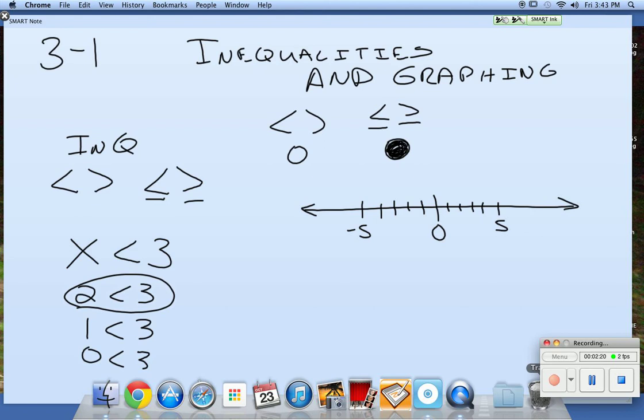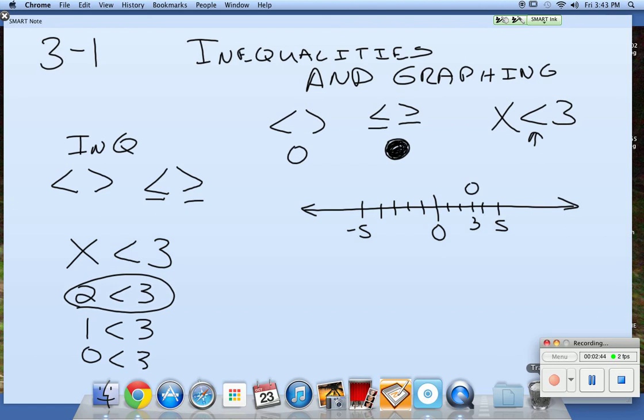So if I was going to take x is less than 3, how would I graph that on my number line? Well, first thing I'd do is find 3, which is right here. Next, I'm going to look at this sign and ask which one is it? Well, it's out of the less than group, so we're going to put an open circle here.